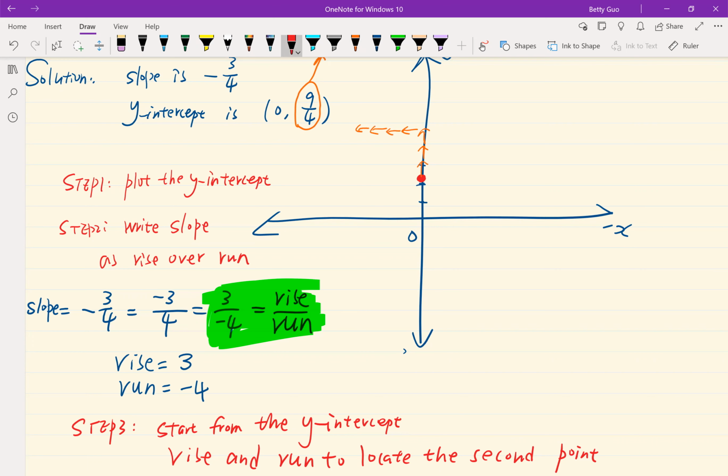So the second point is right here, right? You know, 2 different points determine a straight line. 2 points are enough for us to graph the line. And we're going to connect them together. And that's the graph of the straight line.